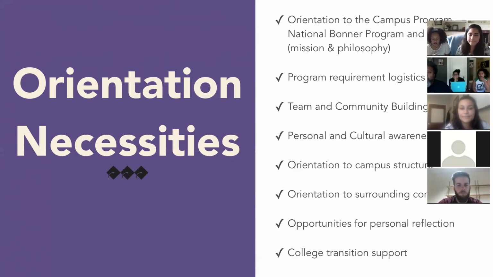Just going over logistics about the program requirements, like Jasmine said, hours, fund allocations, probation details if there is any, rules of conduct, Bonner Webbers, and reporting structure and other things, etc.